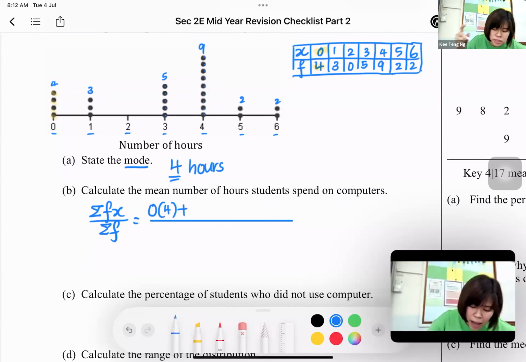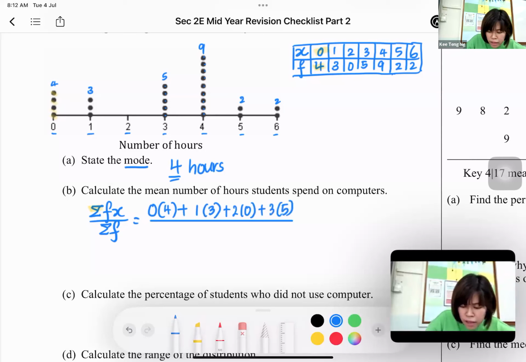Then plus, the summation symbol means to sum up. So plus 1, the data value 1 occurs 3 times. 2 appears 0 times. 3 appears 5 times. Then 4 appears 9 times, 5 appears 2 times, and 6 appears 2 times.